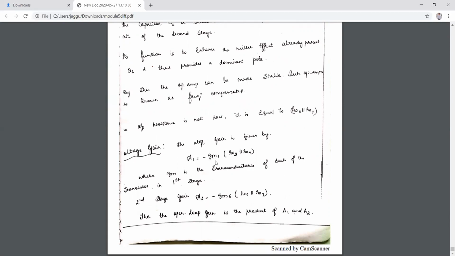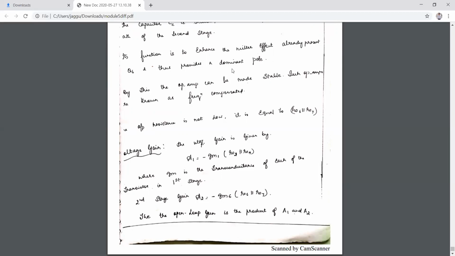The first stage gain is A1 equal to minus GM times R02 parallel R04, and correspondingly the second stage. When you cascade both stages, the gain is the product of the two.